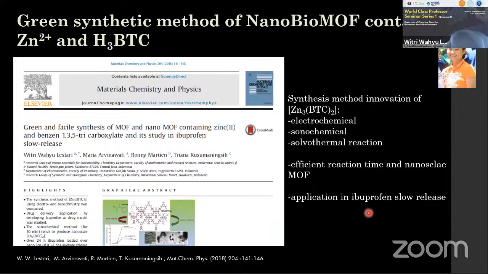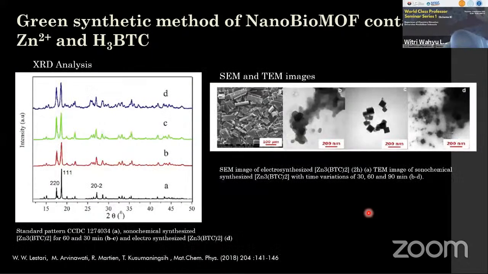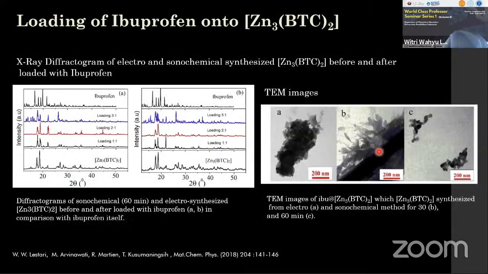The novelty of this study is how to build a new method for nano MOF synthesis. According to our study, the sonochemical method gives efficient results here. After 60 minutes, or 1 hour, we have a nano size MOF, and we can use it for ibuprofen loading, and we study ibuprofen release.